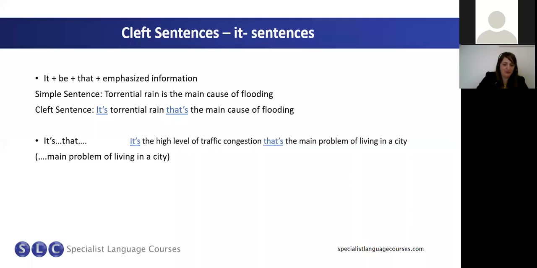So, who's got some ideas? What do you think is the main problem of living in a city?